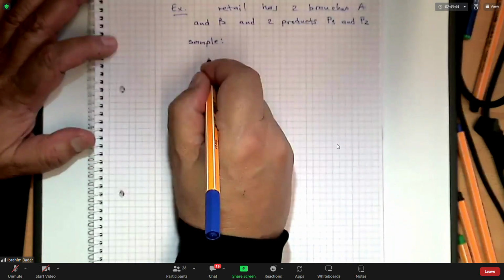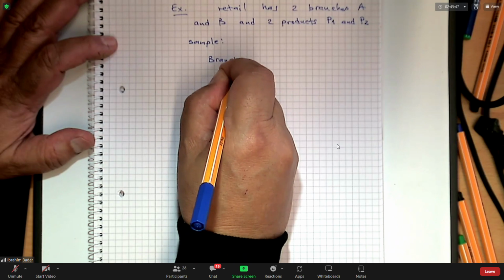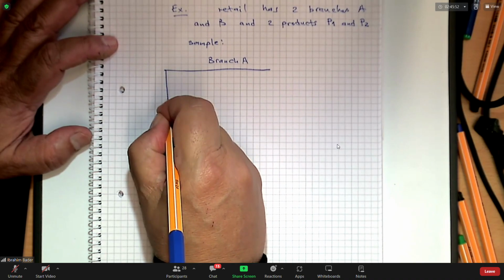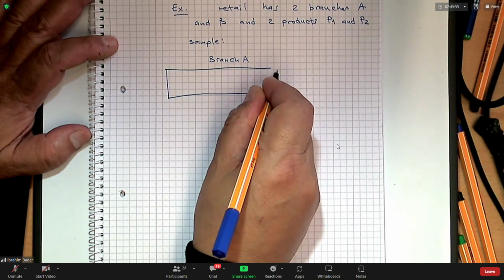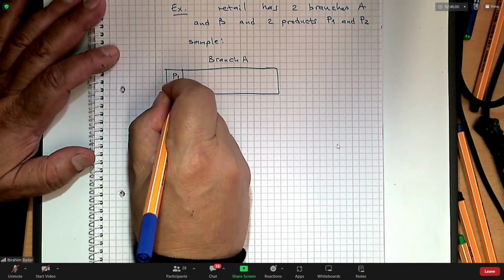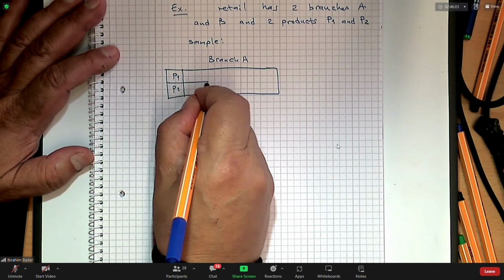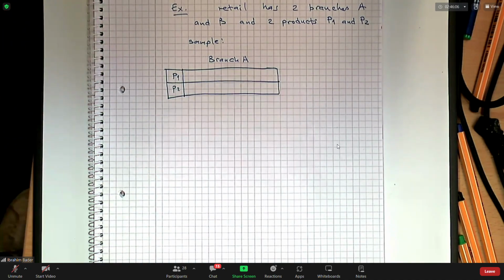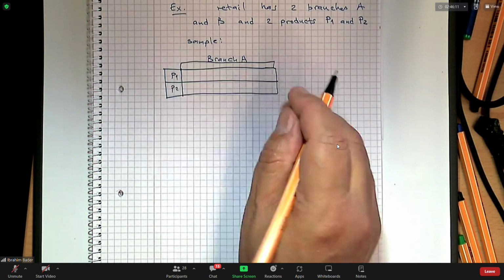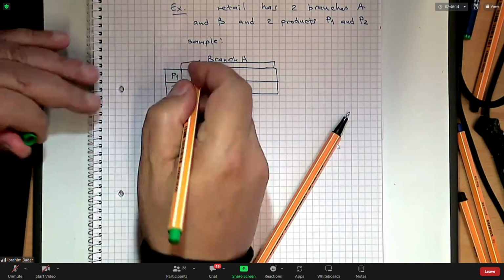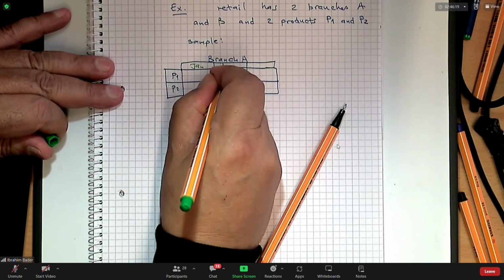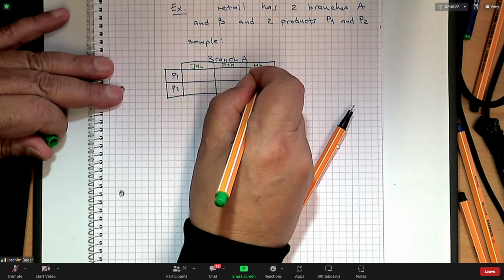So let's assume branch A. And we are calculating this over a period of 3 months. You have here product 1, product 2. So let's assume here we have this over 3 months, let's say January, February, and March.